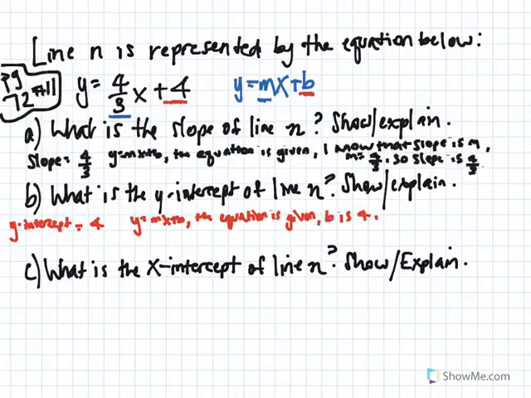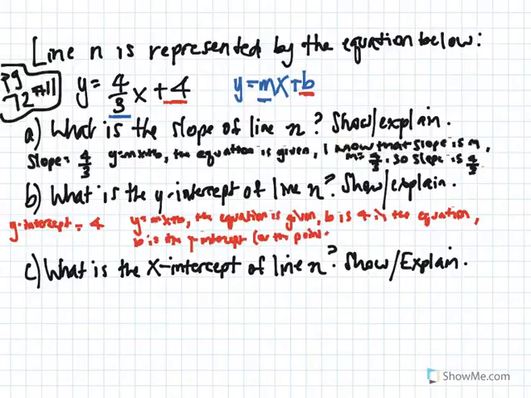B is 4 in the equation. B is the y-intercept, or the point at which a line crosses the y-axis. So I know that the y-intercept, or b, has to be (0, 4). Okay?